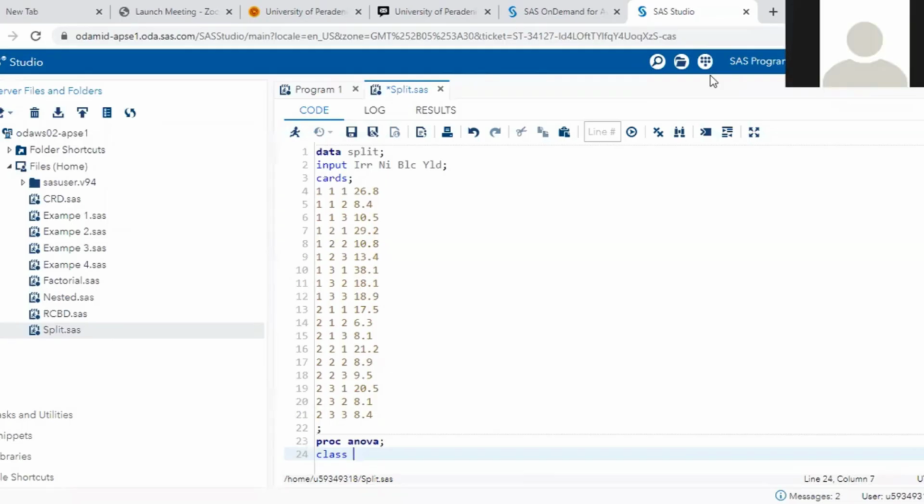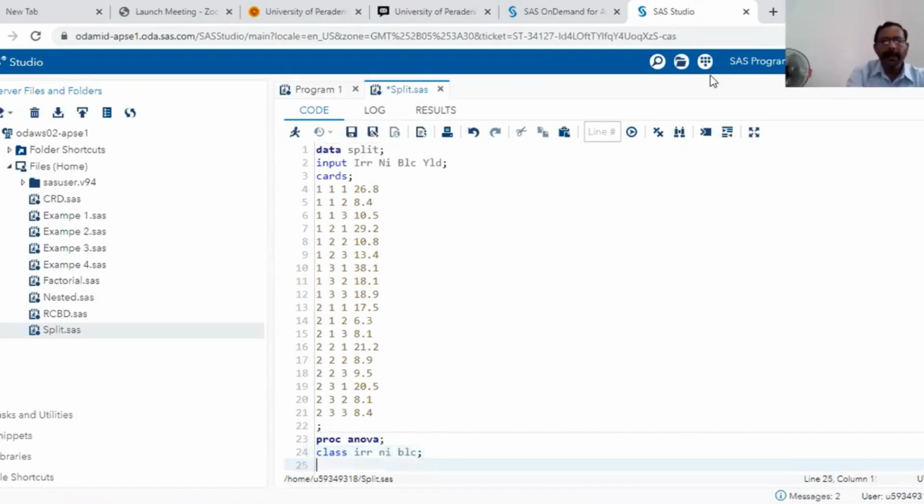Block, irrigation. Okay, I will start with irrigation. Then nitrogen, block. So here you see there's no need to put capital and simple letters. If you want to keep the beauty of the program, you can keep the capital, simple, and so on, right? It doesn't matter for the computer to understand.